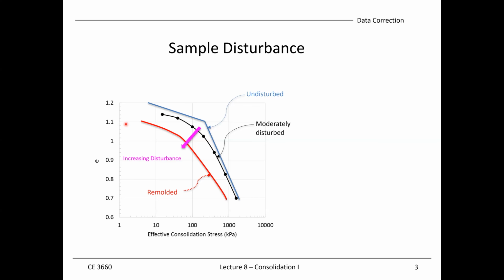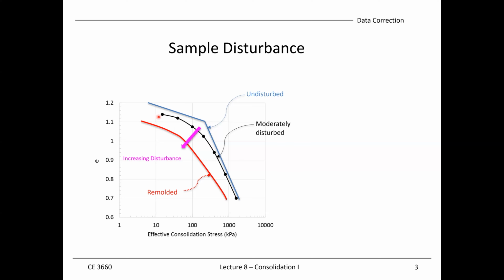So if the soil sample is totally removed and reconstructed again, we do a consolidation test, we get a smooth curve. So that is the opposite of the truly bilinear and disturbed behavior that we would expect for soil.